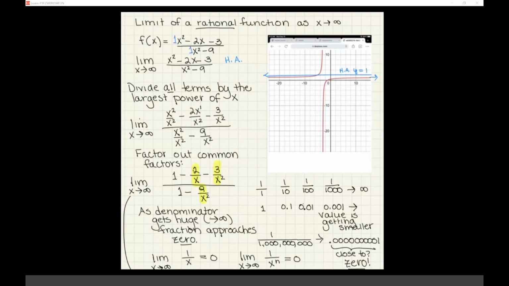There's 1 over 1, which is 1. It's the end behavior of your function as x gets really large or really negative. Okay, so again, see the connection?